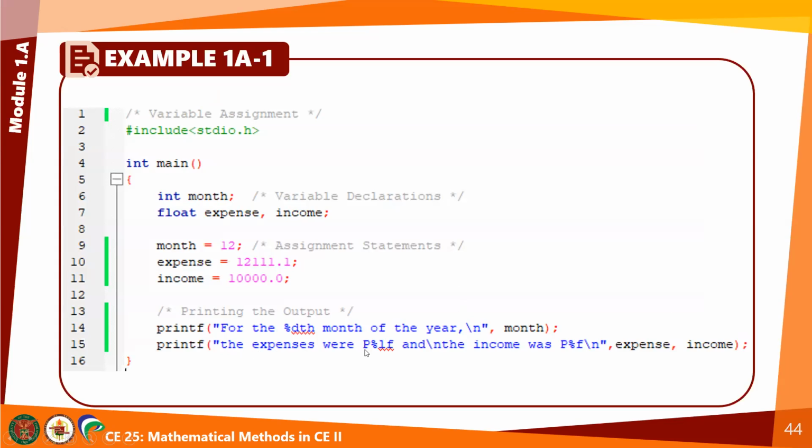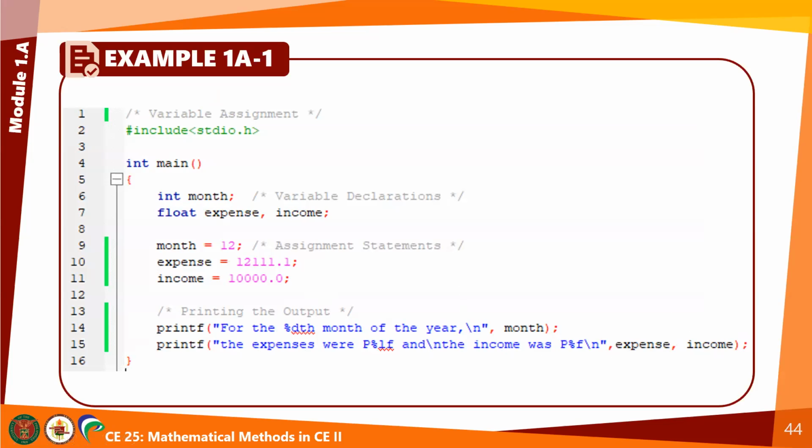Next, the expenses were this, peso sign, percent LF, and \n. The income was percent F \n. So, ano yun? Yung una na placeholder is expense. Yung pangalawang placeholder is income.